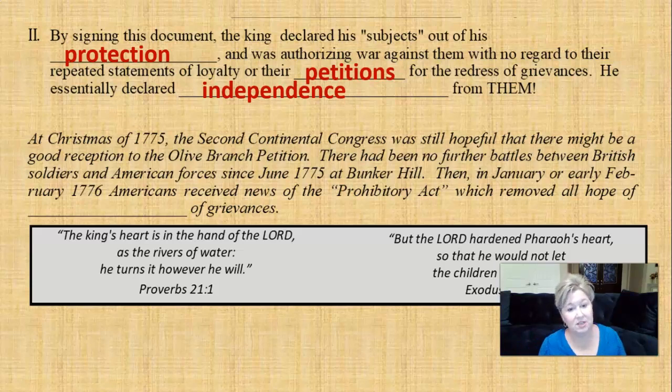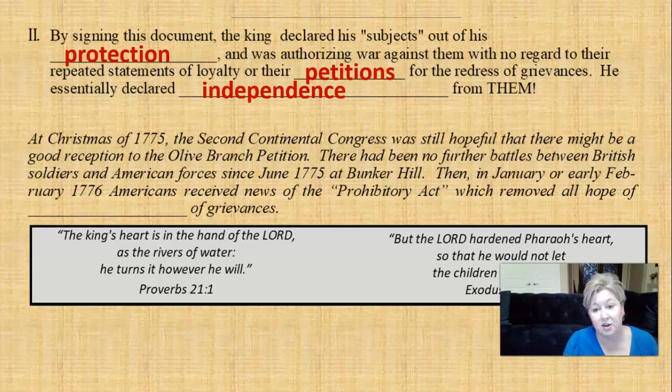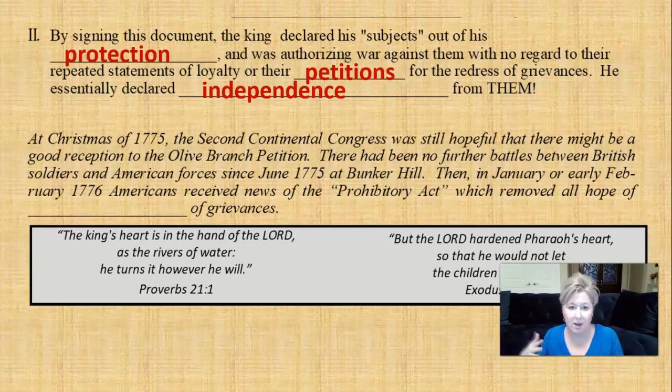At Christmas of 1775, the Second Continental Congress had sent off their Olive Branch Petition. Again, this is when we get into the issue of wait times. This was passed in December of 1775, but they're not going to know about it for six weeks. So they're still all celebrating Christmas at home, happily and hopefully waiting for a response to the Olive Branch Petition, where they begged him to repeal these horrible acts.